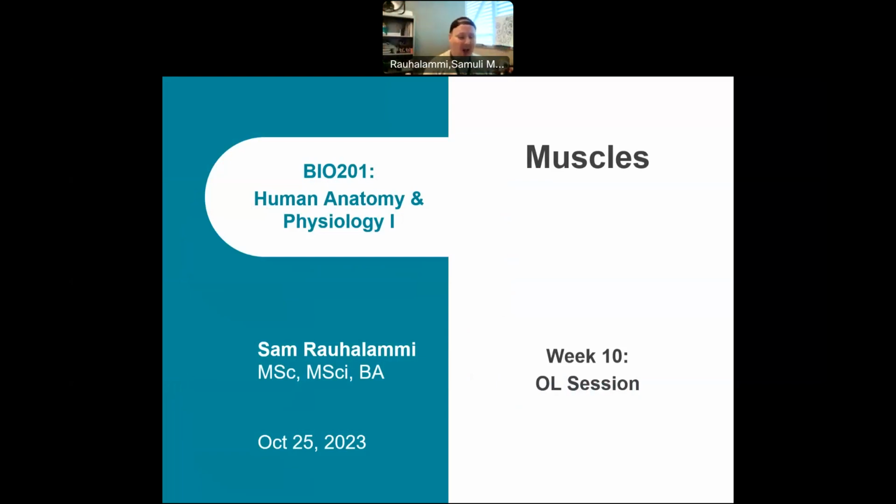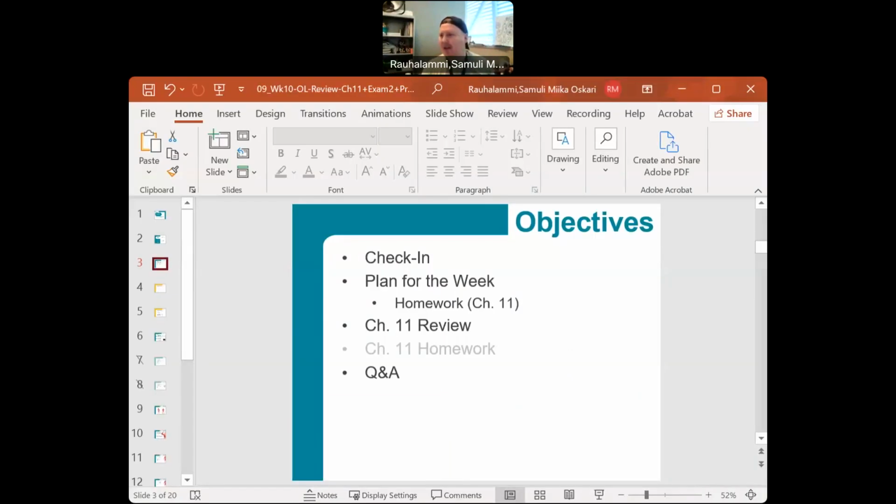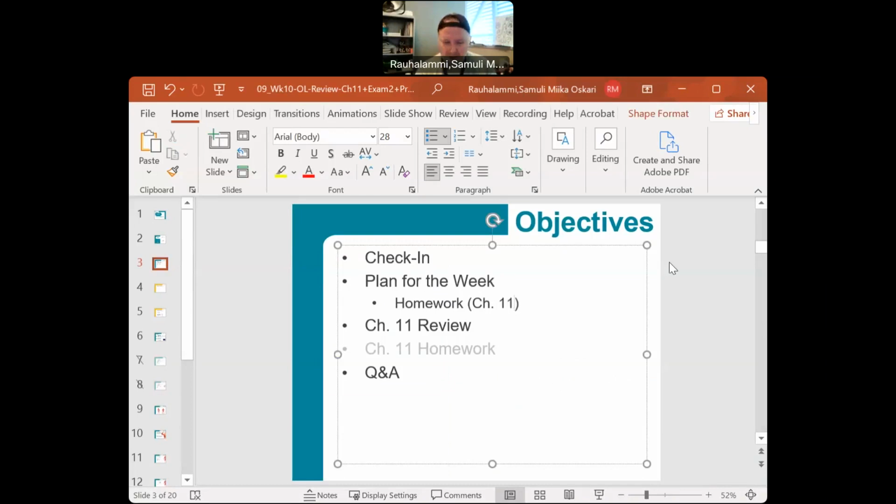So there is a logic behind the order in which I'm wanting to cover chapters. I'm just jumping backwards to have a look. I think that I made a slight error here, and the slide should really say that we're looking at the homework for chapter 10, reviewing the concepts of chapter 10.